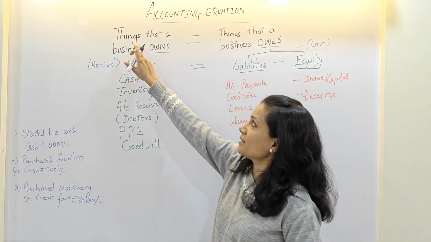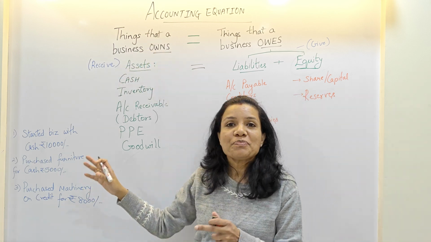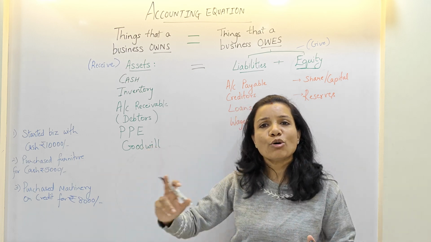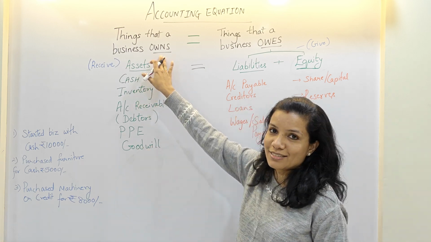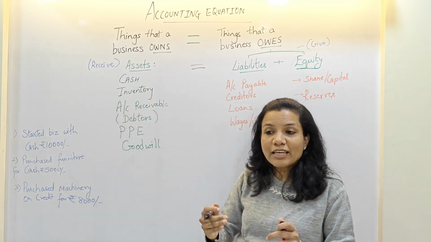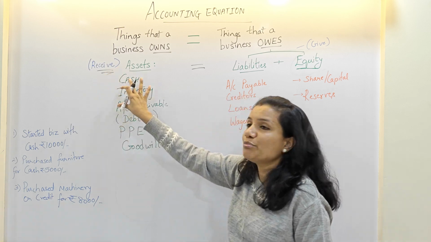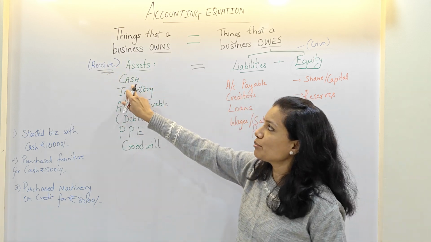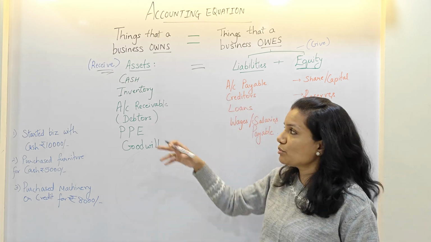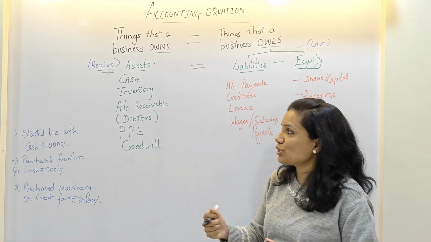Now let's quickly understand the things that a business owns. As I said, the furniture, the plant and machinery, the whiteboard, the property, all of this is owned by the business. These things represent the things which will give some sort of benefit to the business. Let's quickly take examples. Cash: I can purchase things for my business using this cash. Inventory: when it is sold, the business will receive cash.